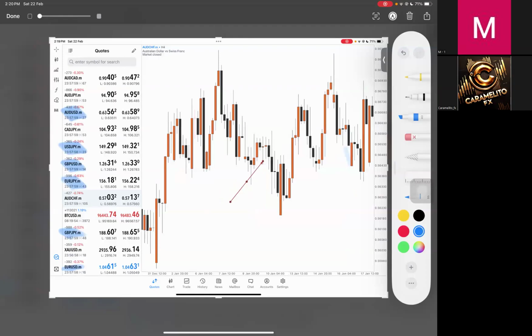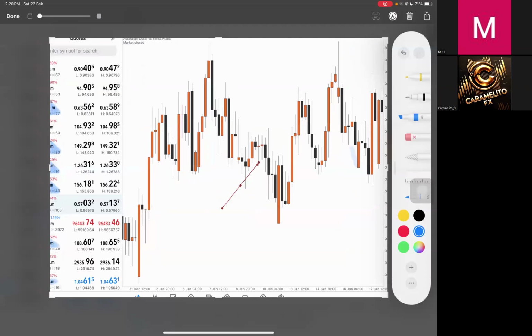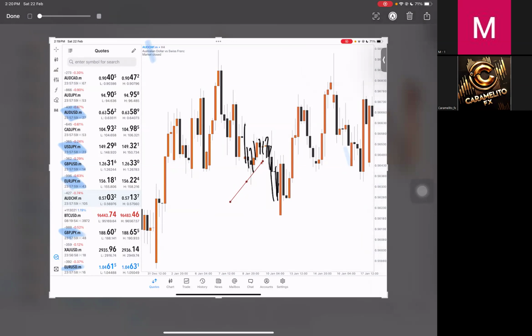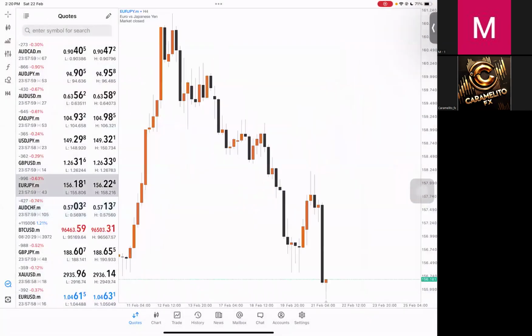Yep, this is perfect. Why do I say so? Because the structure is so nice. But other than that, CHF especially, you see the shadows. I really hate this one. You're going to make trouble for yourself, so I try not to trade this pair. You can choose any pair you like and make it your favorite, but for AUD CHF, sorry, I don't like it.